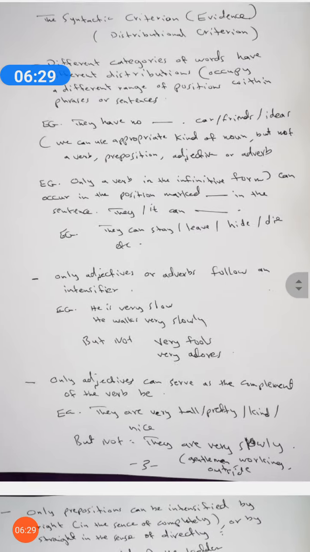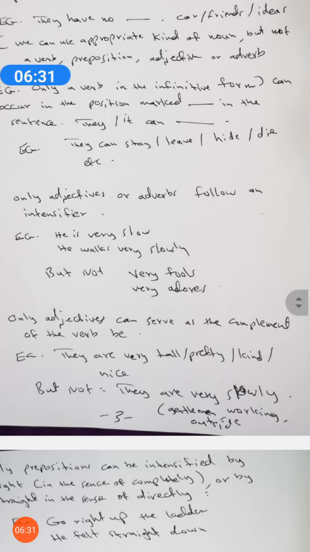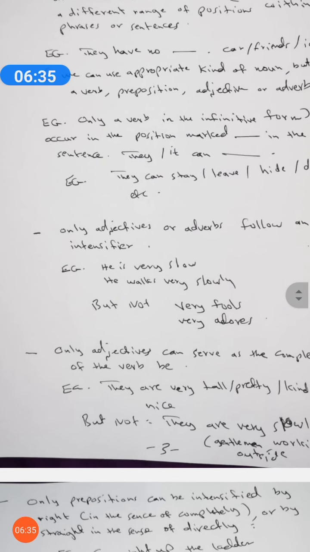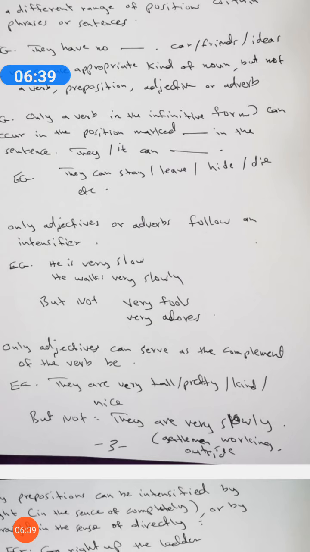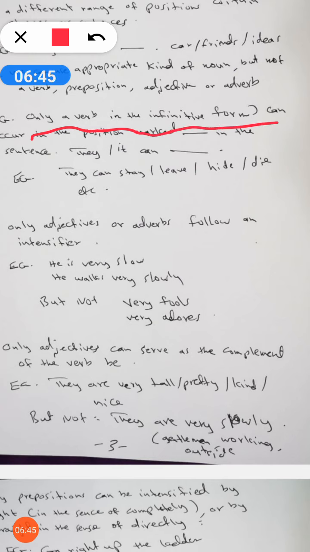Another example which illustrates the distributional criterion: only a verb in the infinitive form can occur in the position of the following sentence.